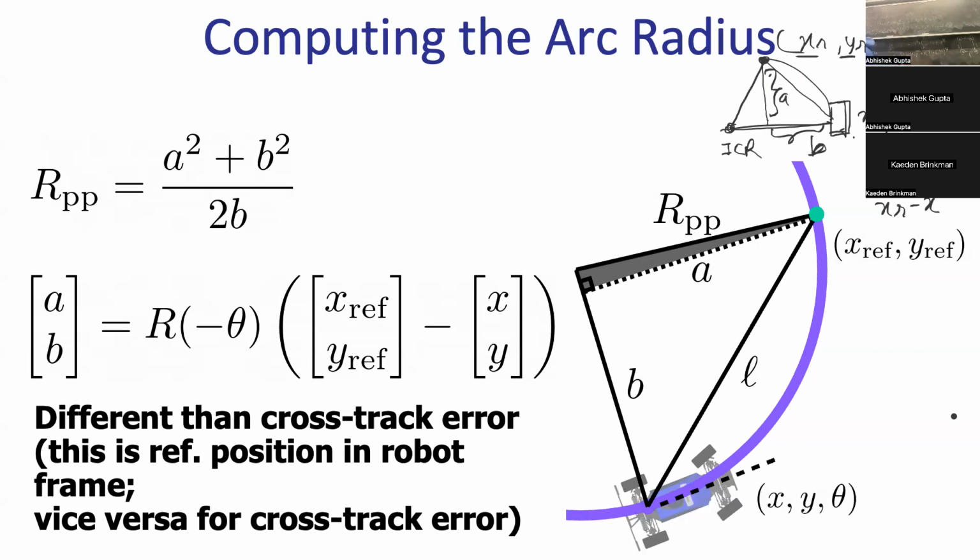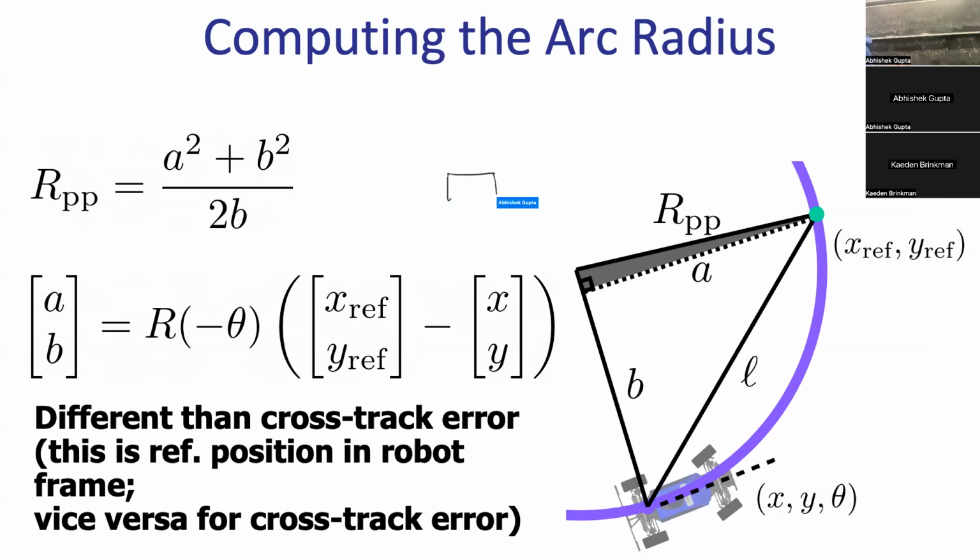So maybe it's easier if I rotate it another way. Imagine the car was facing this way, and this was your X ref, Y ref, but theta is equal to 0. Okay. So think of it this way.